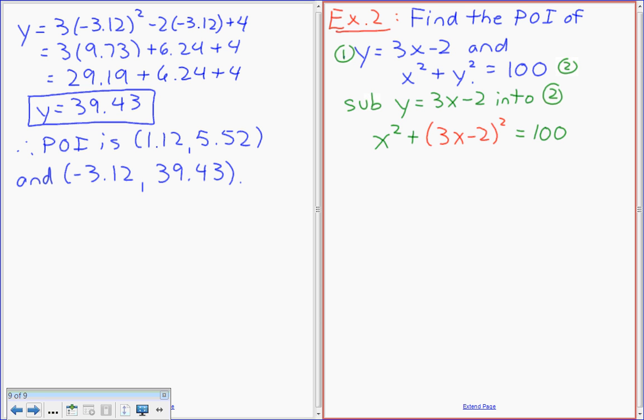All right, great, and we're back. Holly, can you please show off your foiling skills, please? What do we do first? Okay, good. So that's x squared plus 3x minus 2 times 3x minus 2 equals 100. Great.